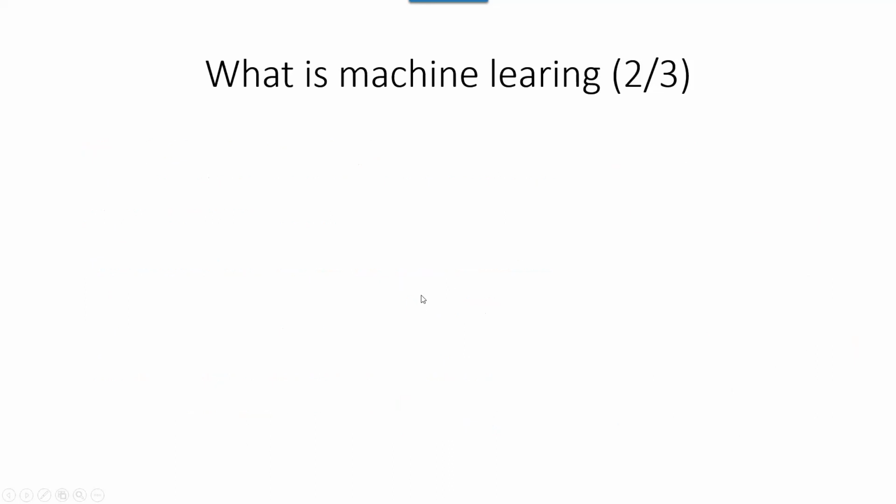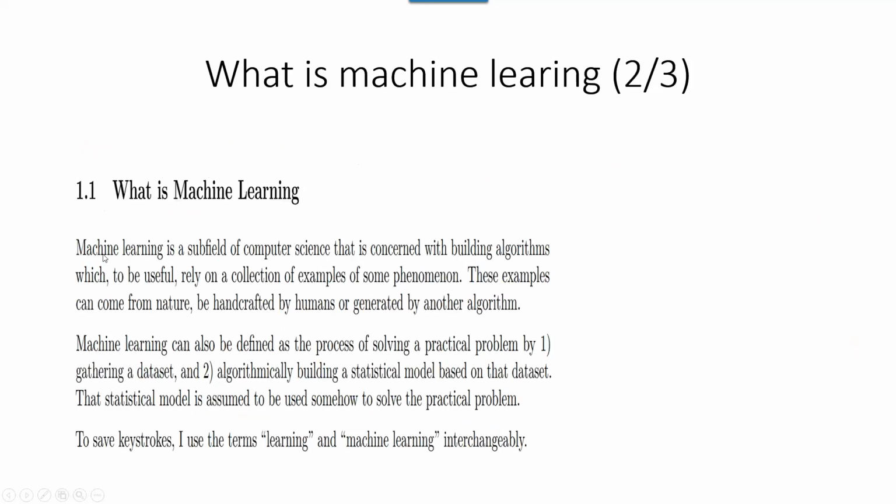The second definition defines machine learning as a subfield of computer science that is concerned with building algorithms which, to be useful, rely on a collection of examples of some phenomena. These examples can come from nature, be handcrafted by humans, or generated by another algorithm. I like this definition.